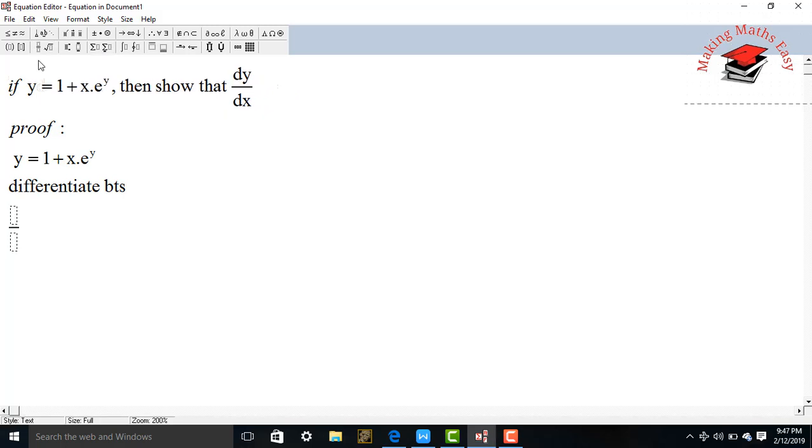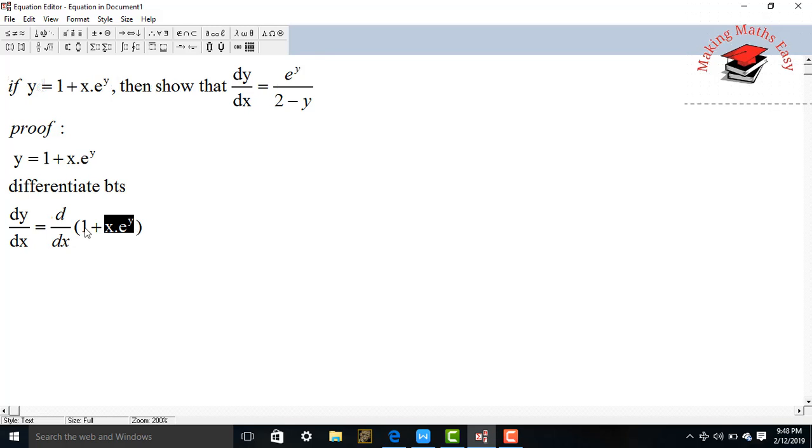So dy by dx will be equal to, we are differentiating with respect to x on both sides, so it will be d upon dx of this function. So put a bracket and write this particular function, as I will differentiate using the UV rule over here.